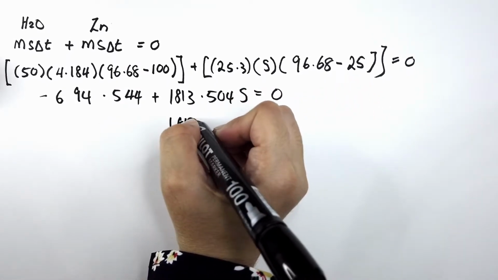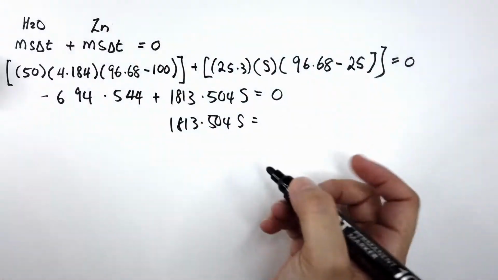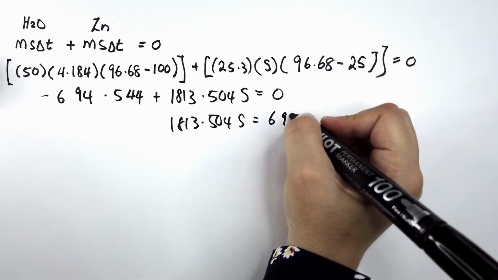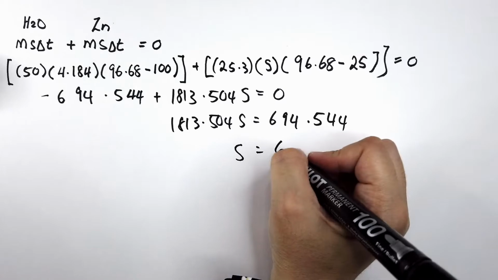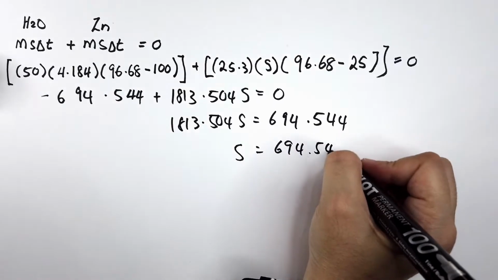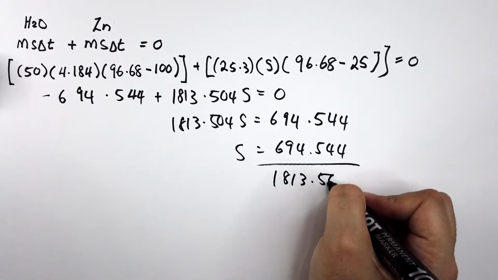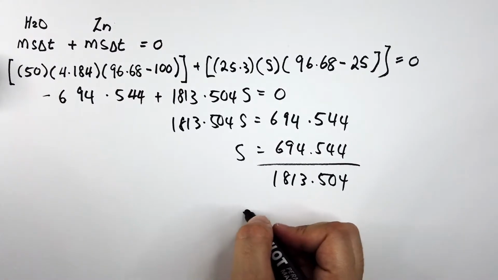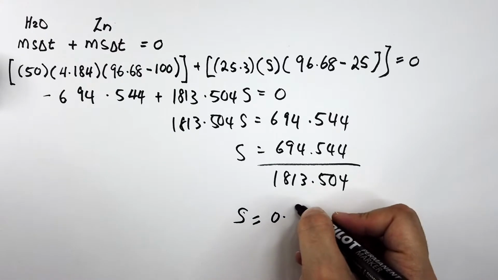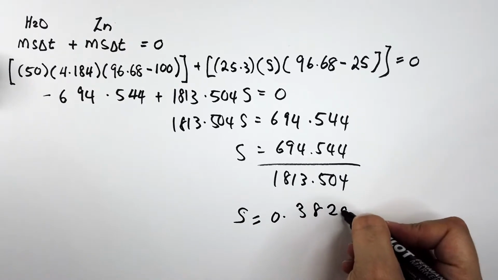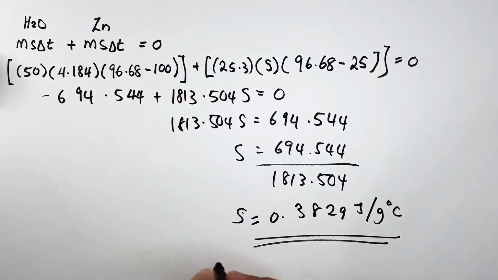Therefore 1813.504 S is equivalent to, so this one we bring back, 694.544. So your S is equivalent to 694.544 divided by 1813.504. So you get your S equivalent to 0.3829 joule per gram degree Celsius. So this is the final answer.